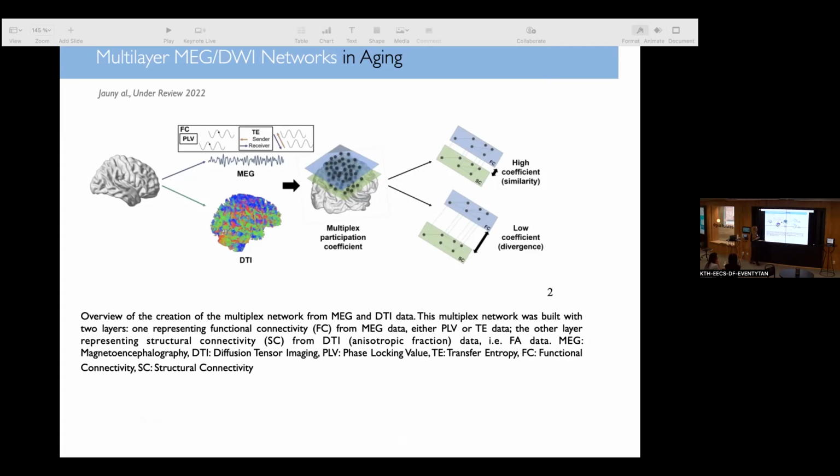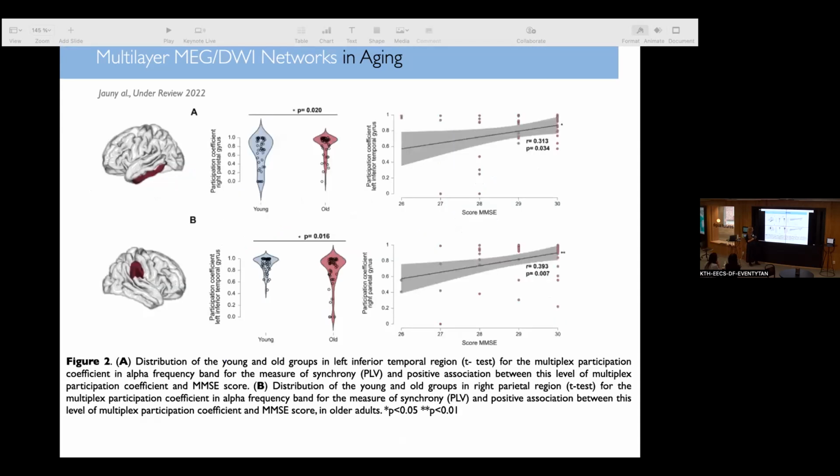And he asked us to calculate a measure that, let's say, calculates how evenly connected the same region is in the two layers, whether a certain brain region is a hub in the two layers, for example. And this analysis showed that this measure was decreased for the inferior temporal gyrus, and it was increased for the supramarginal gyrus, if I remember correctly from my previous piece of knowledge.